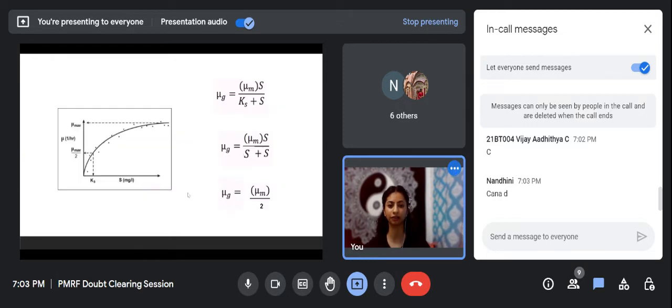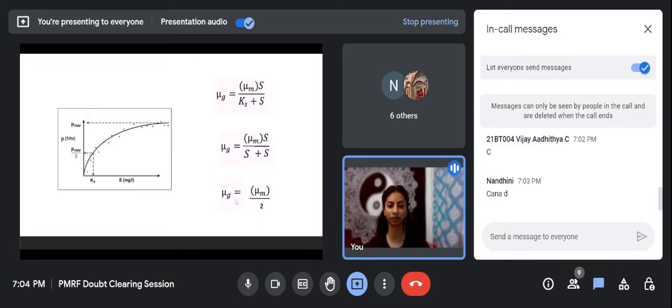So this is the graph which graphically represents this model, right? Ks is what you see here. If you assume S is equal to Ks, that is, the substrate concentration is equal to Ks, what you get is S plus S, that is 2S, and there you can cancel the S from the numerator and the denominator, so you will get a 2 here.